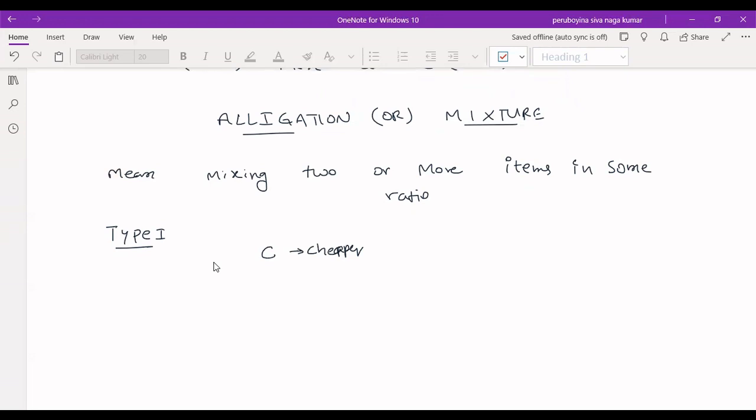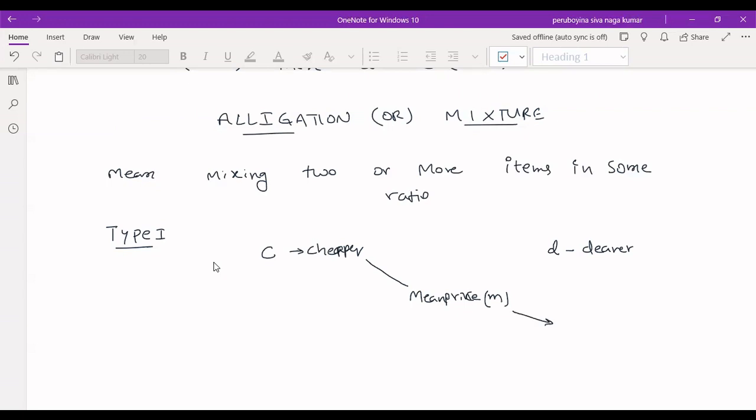On the other hand, we have dearer item, which is denoted with D. In some ratio, we will create a mean price to cover all categories of the society. The mean price is often denoted with M.